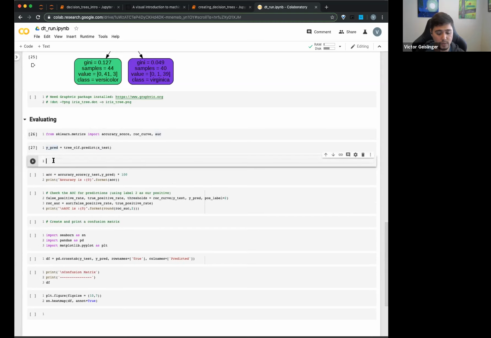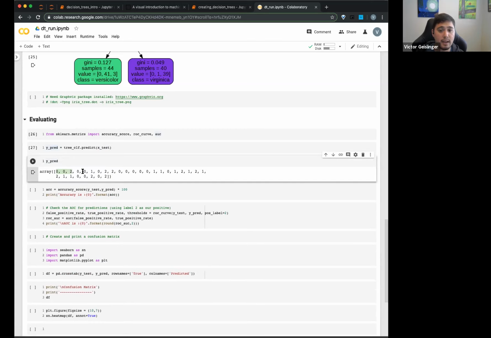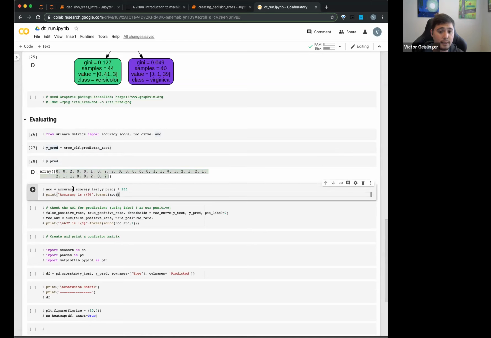Just to show you what this looks like, if I do y_pred, you can see it's an array, and remember that 0, 1, and 2 are representative of each class. Then I can pull out the accuracy score. Remember it's a decimal, so I'm multiplying by 100 to make it a more readable percent.